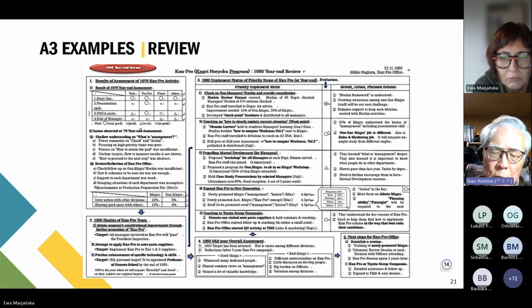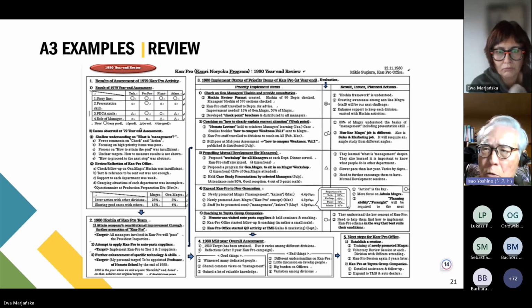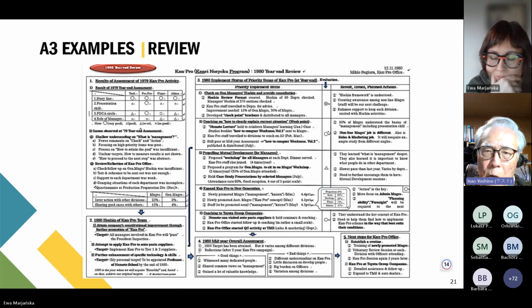However, he put all the key things. And when he made a presentation, he did not read everything, because the people who receive this document are already reading it quickly. The only thing my boss did was talk about the key topics, very quickly, from left to right. Even though many people said, oh, this is too busy, it's not a good A3, no, it is not bad.